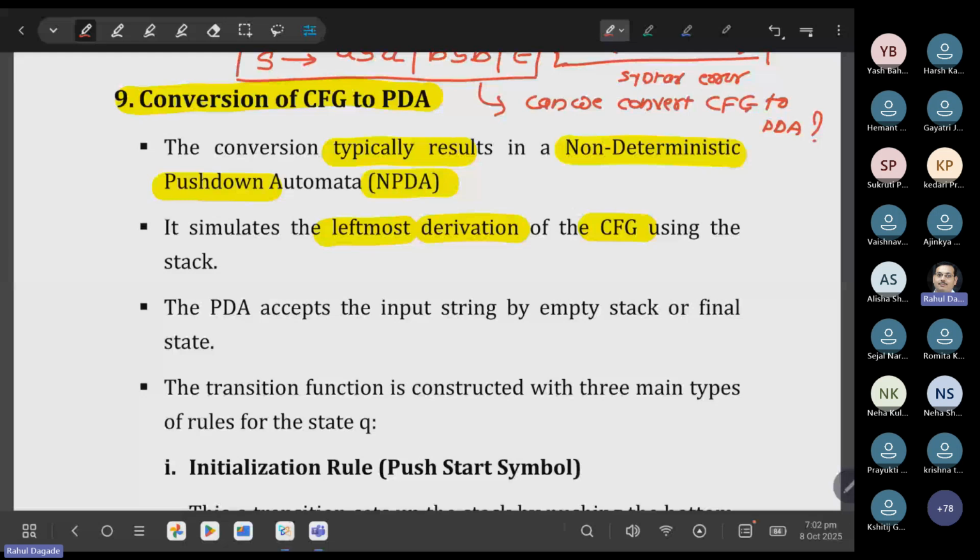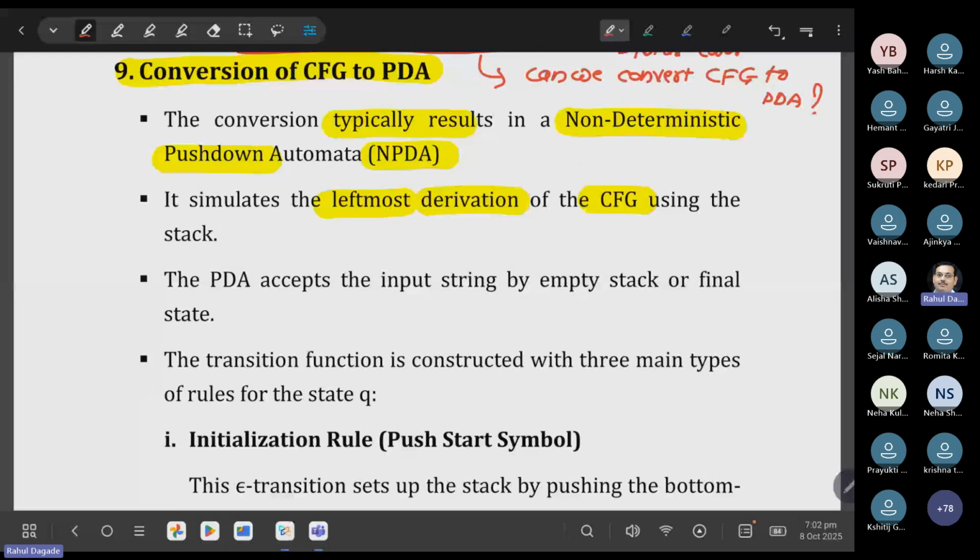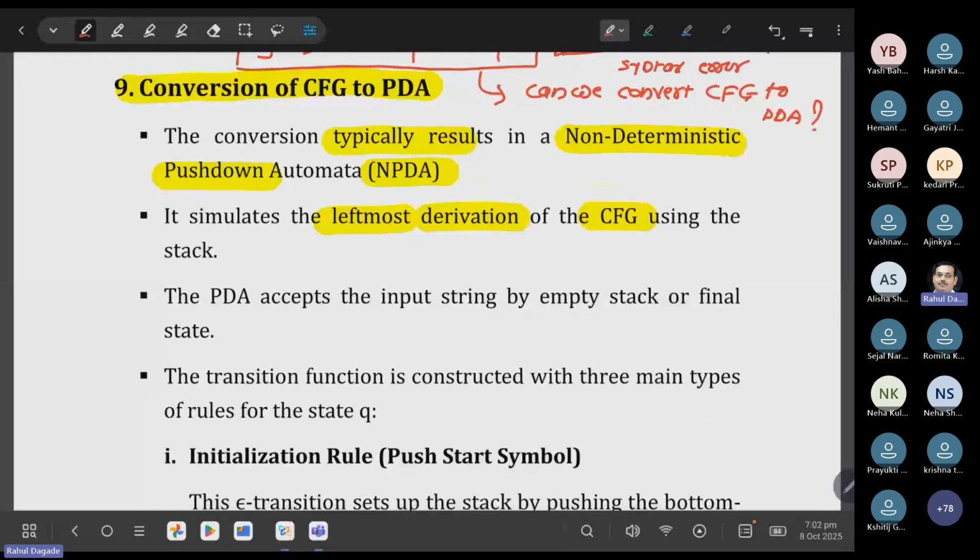So when you have a grammar, let's say E gives E plus E, or E into E, or A or B, then if every time you replace the leftmost non-terminal with its production, it is called leftmost derivation. And if you always replace the rightmost non-terminal with its production, then it is called rightmost derivation.